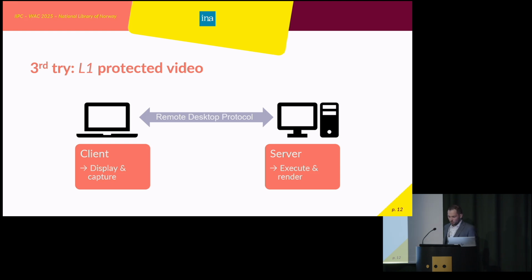In our case, we use RDP to display and capture level 1 protected video. By running the RDP client on one machine and the server on another, we could bypass some protection because only the client will display and record. The generated content is on the server.